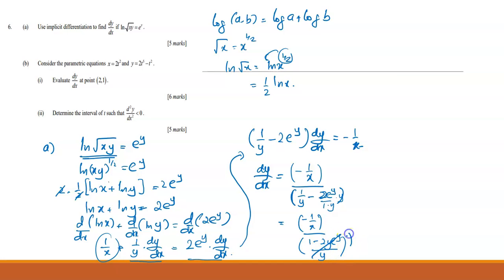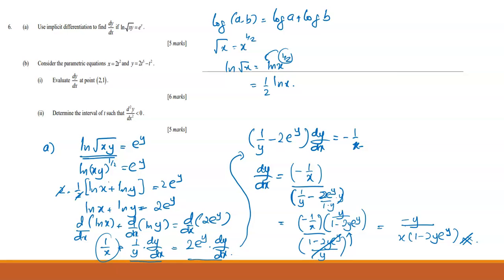Bring this on the top and now it becomes y divided by 1 minus 2y e to the power of y. Okay, so finally it now becomes negative y over x times 1 minus 2y e to the power of y. There you go.